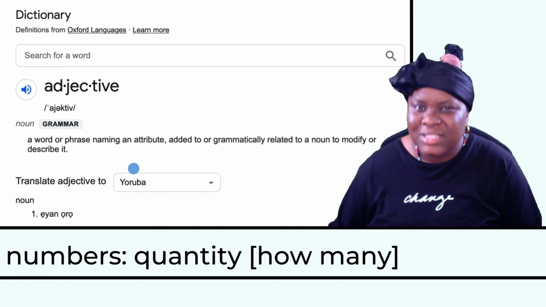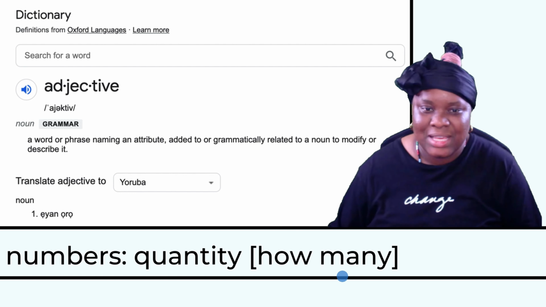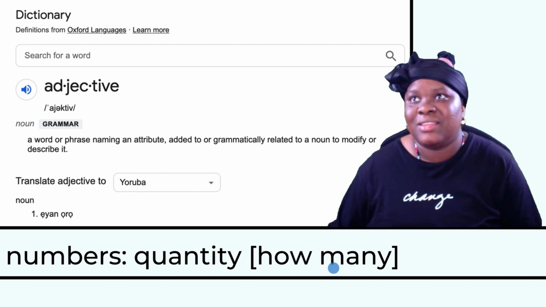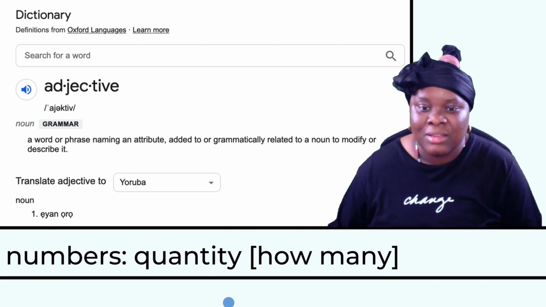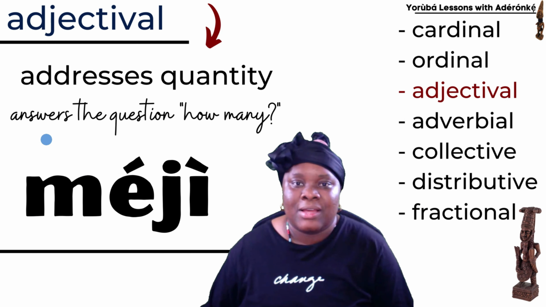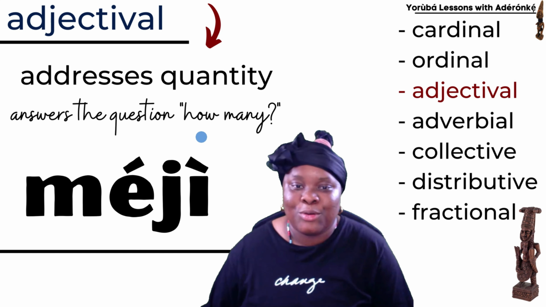In the context of numbers, that would be quantity, how many. It answers the question how many, or offers a statement regarding the quantity.